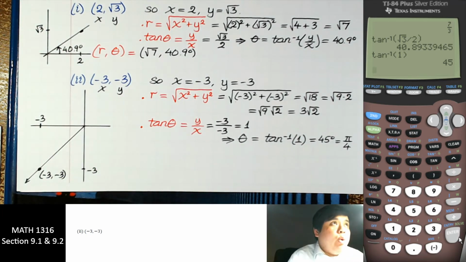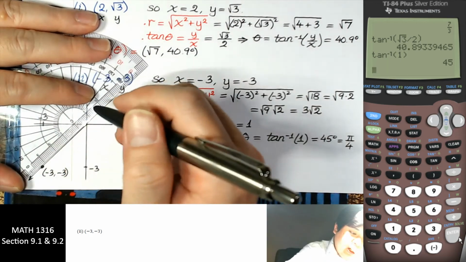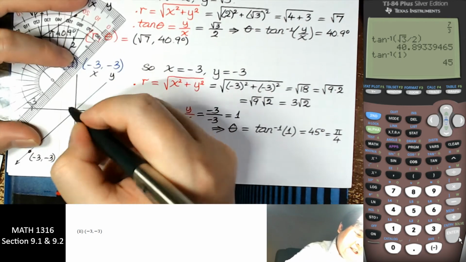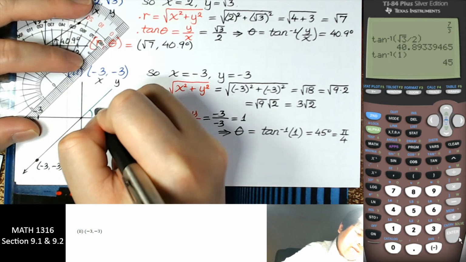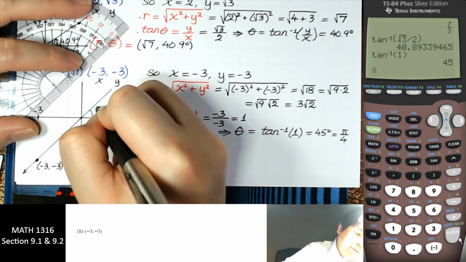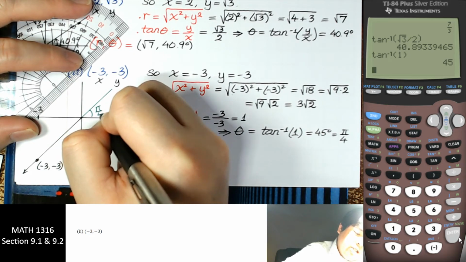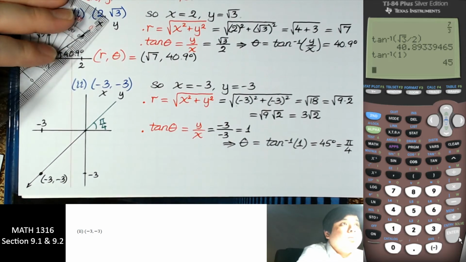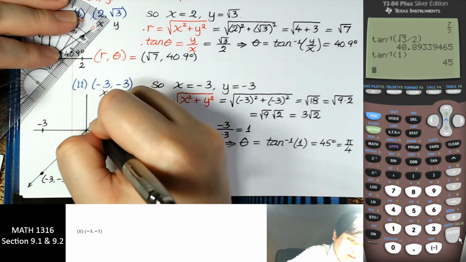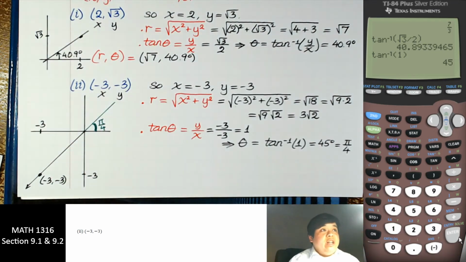That is the point we have. And there's a big problem, because we have 45 degrees. 45 degrees is actually here, let's just say pi over 4, which is not in the right quadrant.